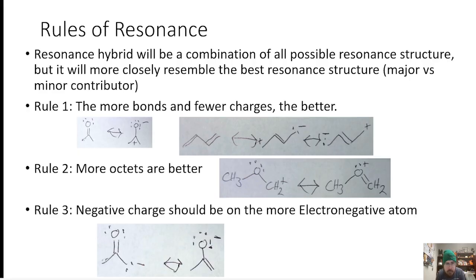Another argument for Rule 2: if you look at it, we have more bonds. 1, 2 bonds versus 1, 2, 3. But here we go, 1, 2, 3, 4. It's better for the oxygen to have the anion.